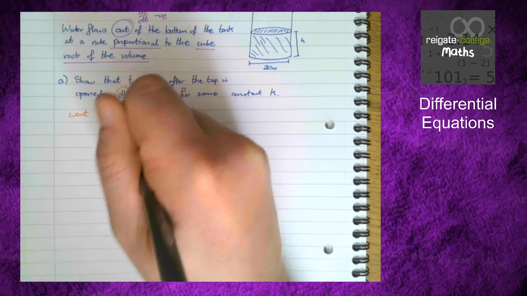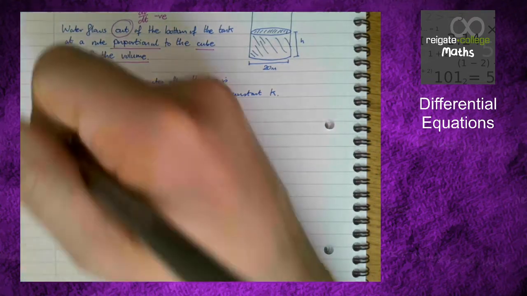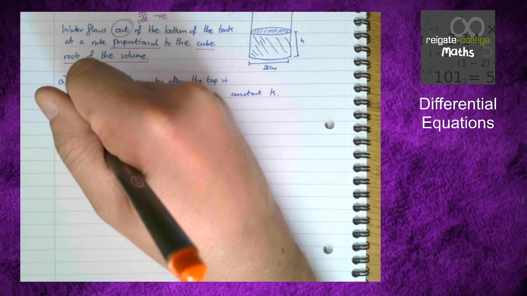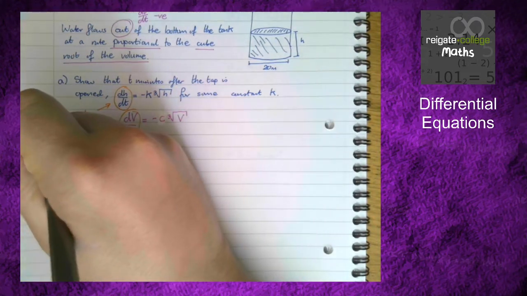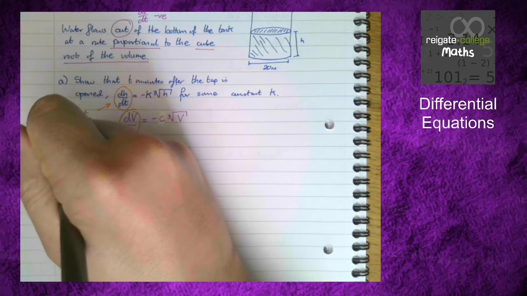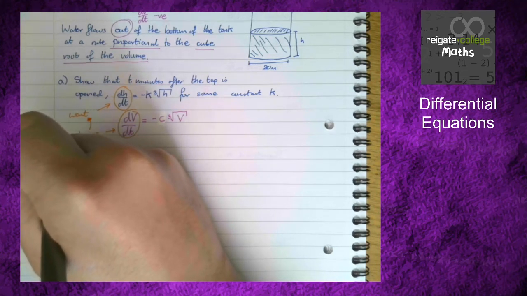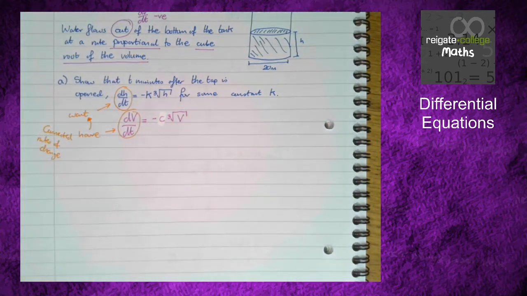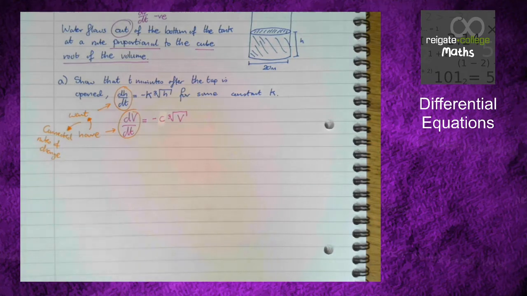We have dv by dt. So we need a way to get from here to here. And this is in the connected rates of change section of the syllabus, which is a previous video should you want to go and watch it.